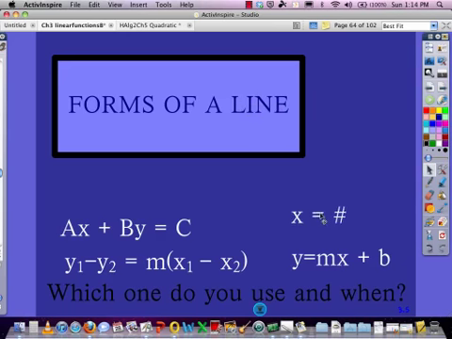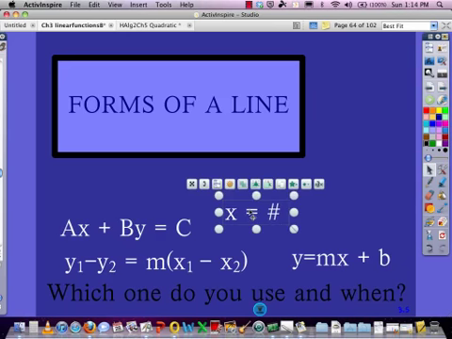Okay, here's another one. X equals just a number. If you see that one, you should be thinking, oh, I'm a vertical line. All vertical lines cross through the x-axis, but they never go through the y-axis. All vertical lines have a slope of undefined, or we like to say no slope.